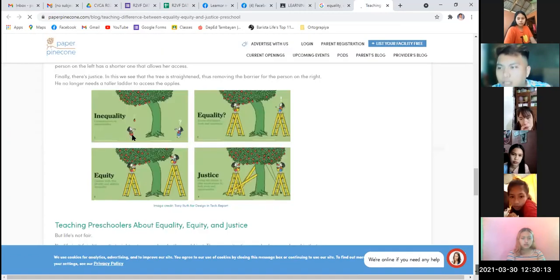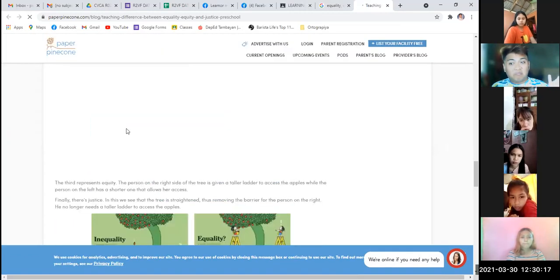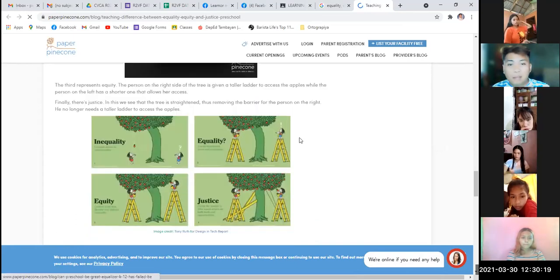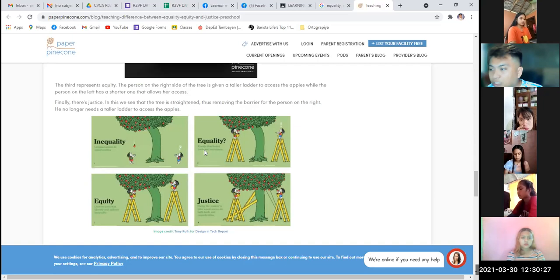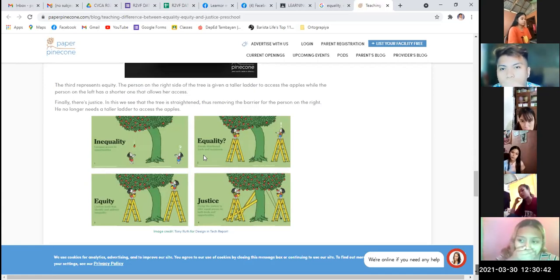When we are talking about inequality, it is an unequal access to opportunities. May mayaman, may mahirap, merong may kakayahan. Second is when we talk about equality, evenly distributed tools and assistance. Si Pedro ay kumikita ng 5,000 sa isang buwan.